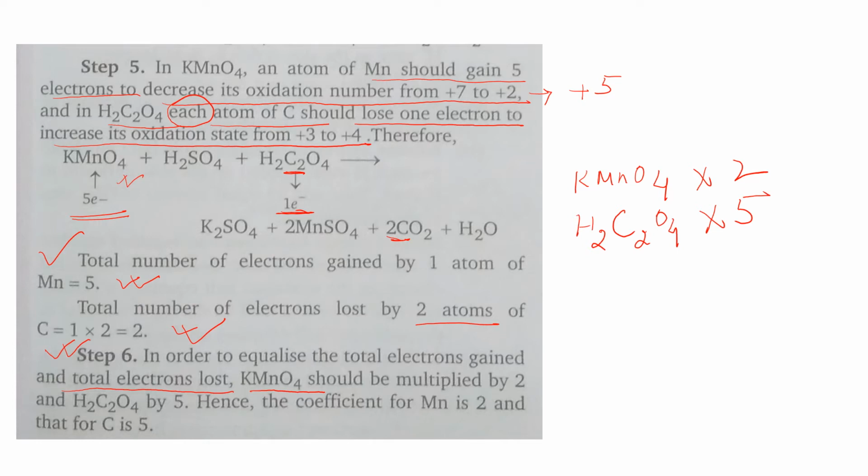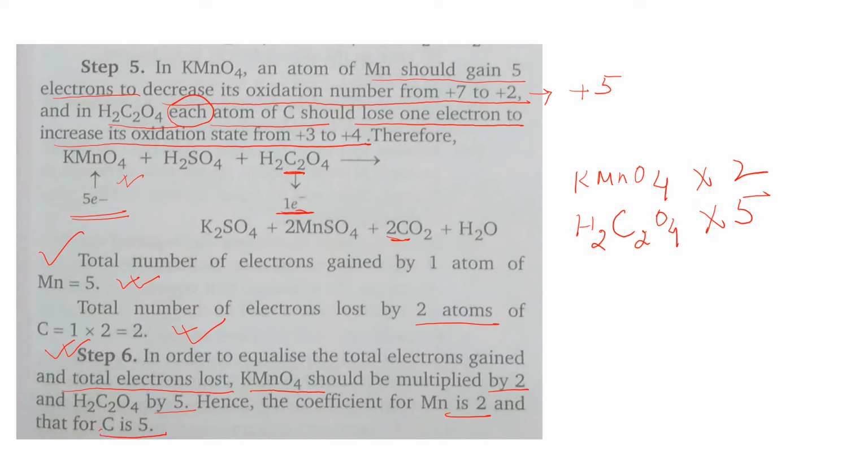Okay. So in step 6, in order to equalize the total electron gain and loss, KMnO4 is multiplied by 2 and H2C2O4 by 5. Hence, the coefficient of Mn is 2 and the coefficient of carbon is 5.